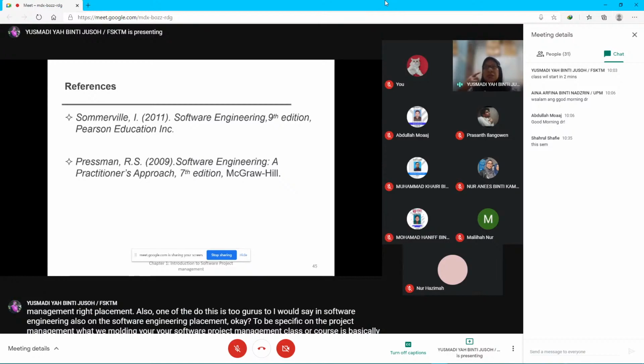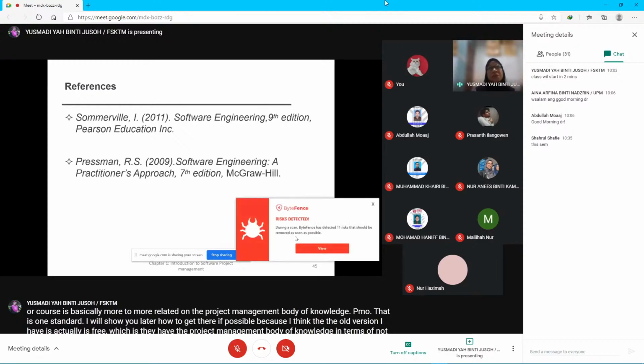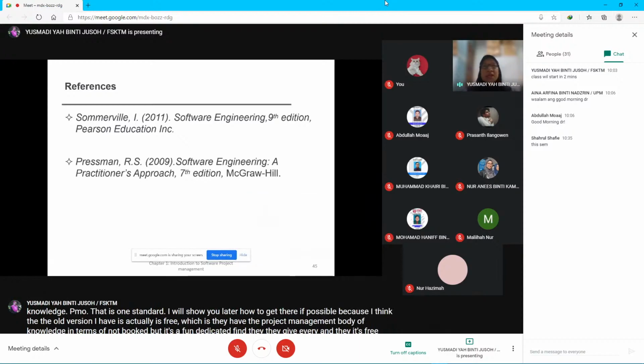The old version I have is actually free, as a dedicated file rather than a book. But now the Project Management Institute publishes it as a book, and we have to pay for it. Currently I don't have the book, but more or less the content is similar.